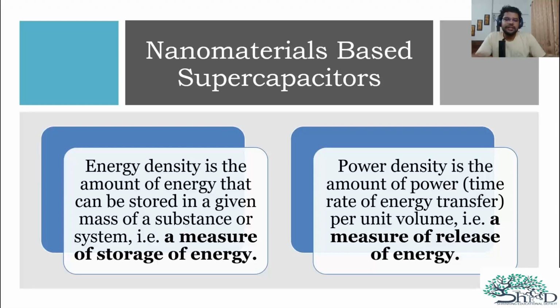So it is basically a measure of how fast or how slow the battery will release the energy. Energy density is about storage, power density is about power delivery. So this was about nanomaterials based supercapacitors. No, these are not normal supercapacitors. These are nanomaterial based. All right.